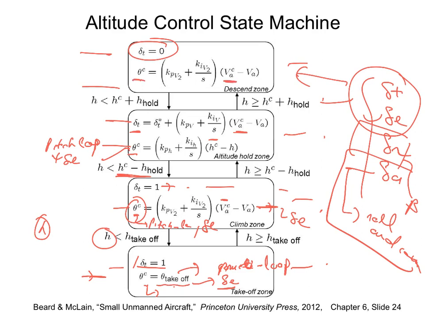The output is theta C, and theta C again goes to your pitch loop, which gives me delta E. So everywhere, delta T is direct, but your delta E is coming from the pitch angle required at that place. So that's how this will be implemented here. I'll show you the MATLAB code, which will make this clearer.